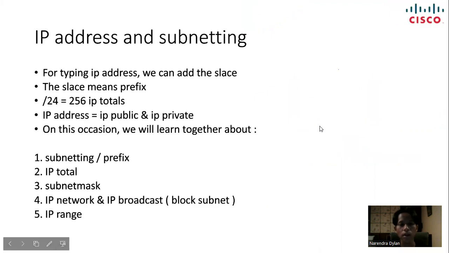If we want to build a computer network, you have to configure the IP, and you have to do subnetting of the IP: prefix, IP total, subnet mask, IP network, IP broadcast, and IP range. You have to know all of this. Okay, let's learn together about this material.